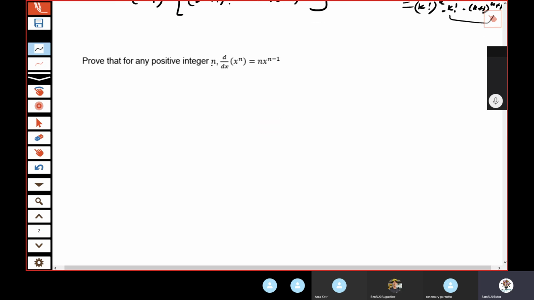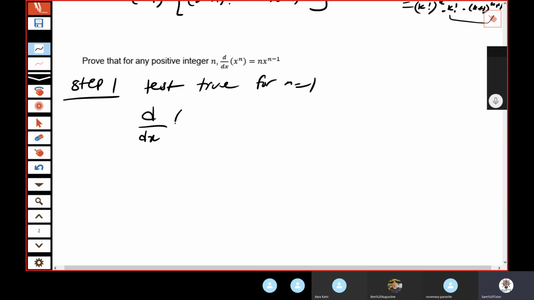So observe. Step 1, as always, test true for n equals 1. So the derivative of x is equal to 1, and the derivative of x to the 1 is 1.